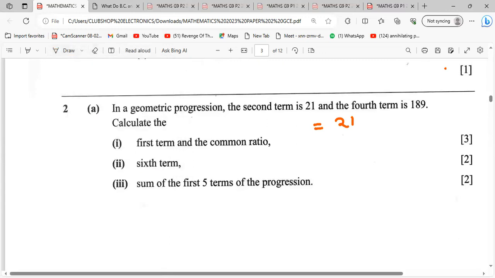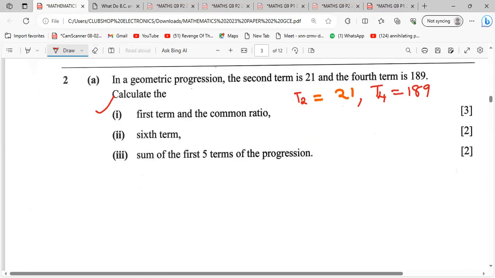T2 is equal to 21. And the fourth term, T4, is equal to 189. Now, first question was find the first term and the common ratio.